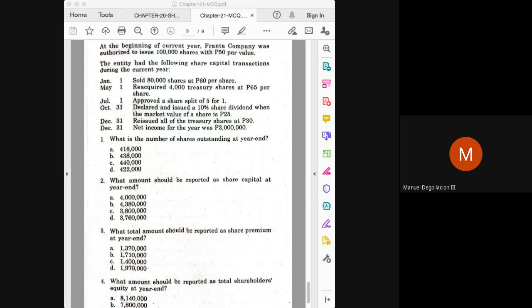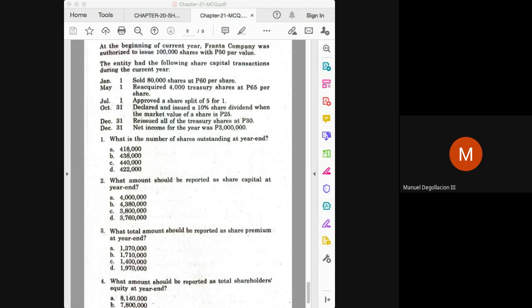So 20 times 30, you will have cash of 600,000, and then you recognize the treasury shares because they are no longer treasury shares, which was 265.